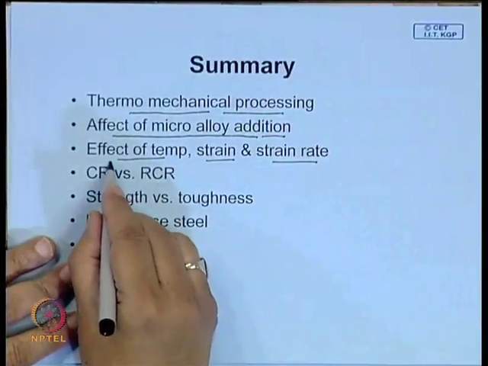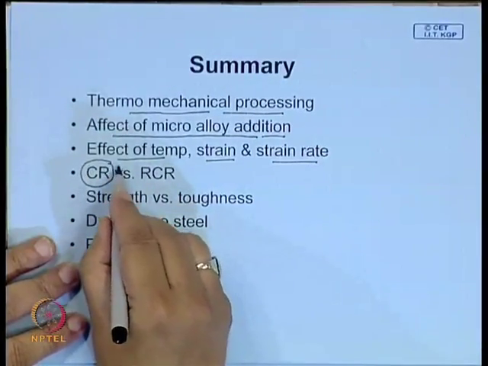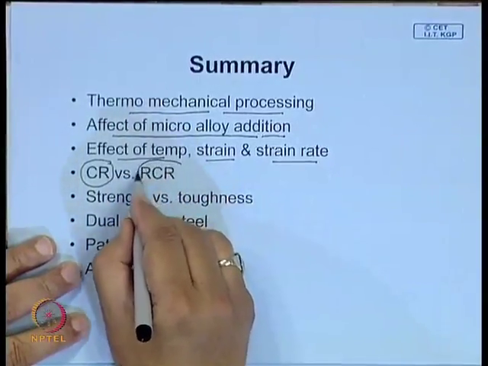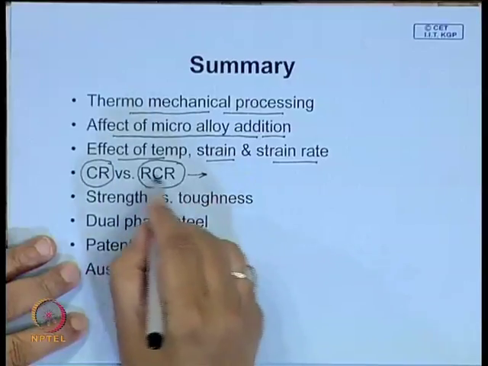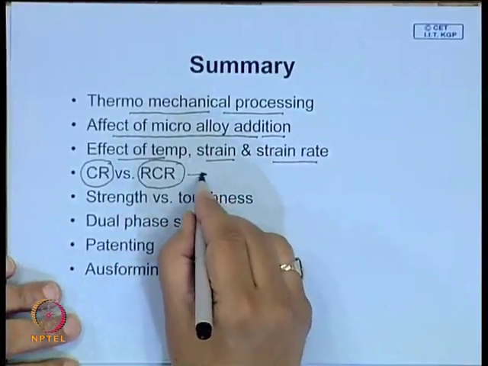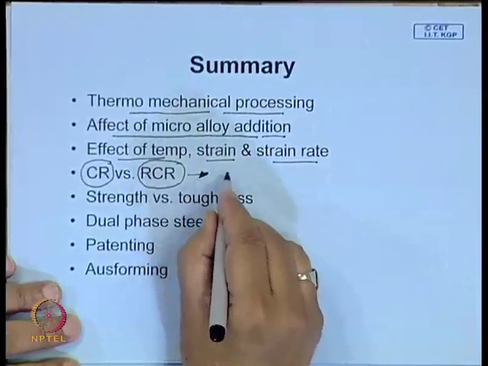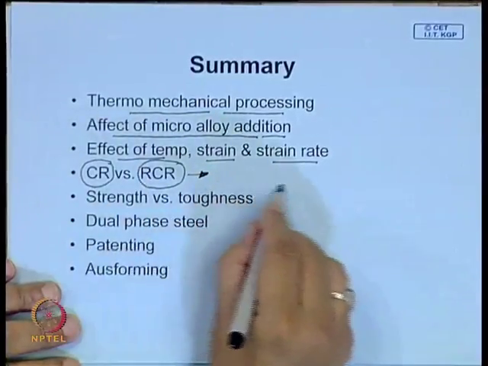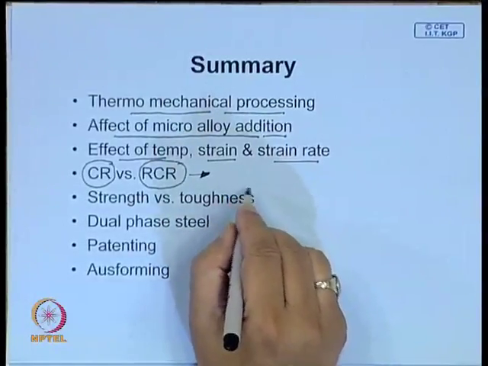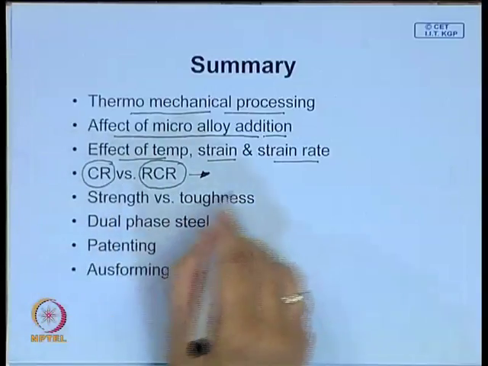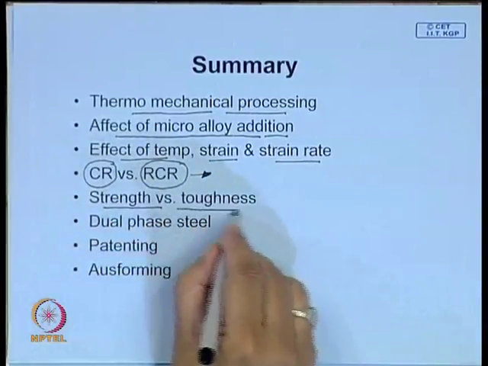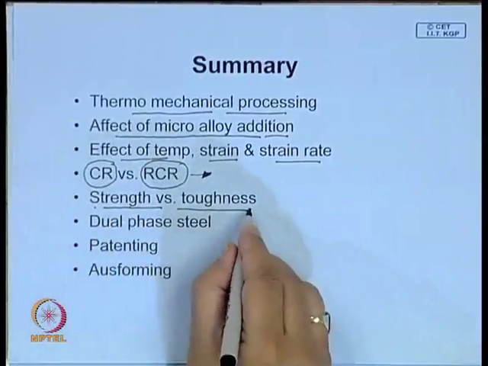We talked about controlled rolling, rolling at a lower temperature, which has some problems, whereas recrystallization controlled rolling has become more popular, because rolling is done at a little higher temperature where the steel is still soft. So, rolling load is less, and by this technique it is possible to get extremely fine grained, primarily ferritic steel. It will have some pearlite no doubt, but it will definitely have the best combination of strength and toughness.